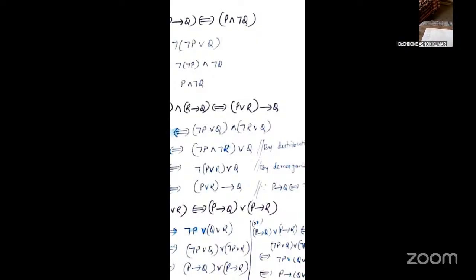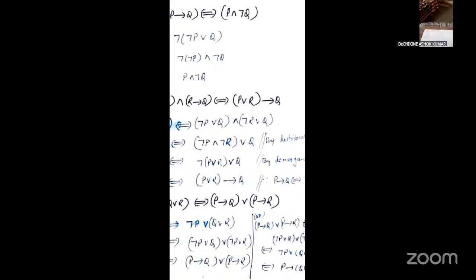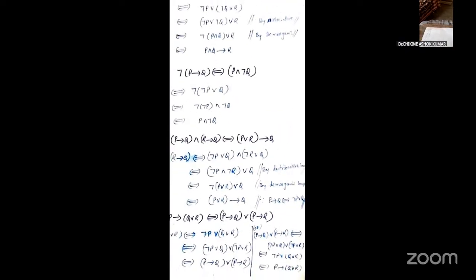Okay. Next, again see here, apply the distributive properties. I have written here which formula we are using for getting the result. So in this, I am using the distributive formula. We have two distributive formulas.